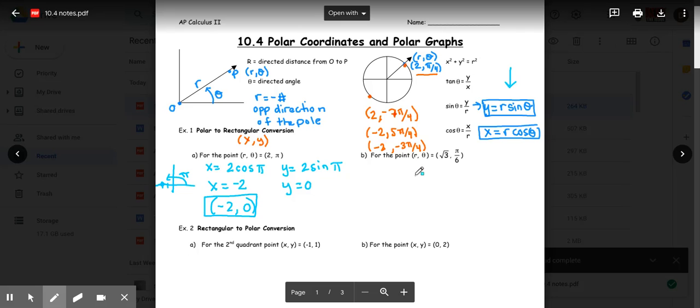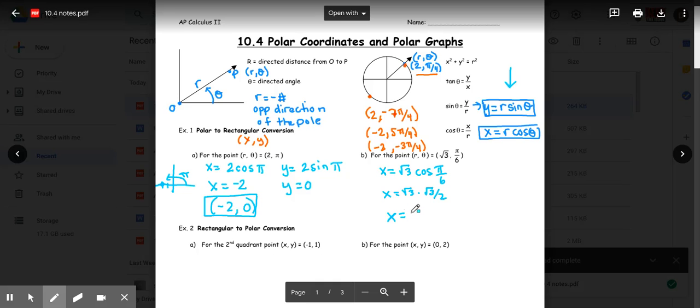Okay. So for this next one over here, same thing. We're going to get x equals r, which is √3, times cosine of pi over 6. Cosine of pi over 6 is √3 over 2. So x is, no, this is freezing on me.